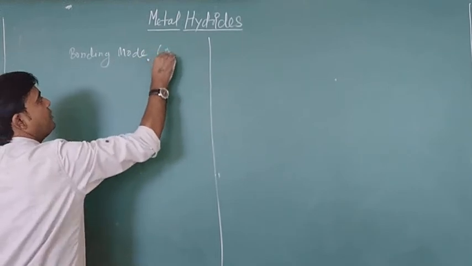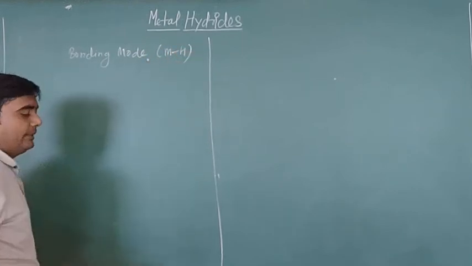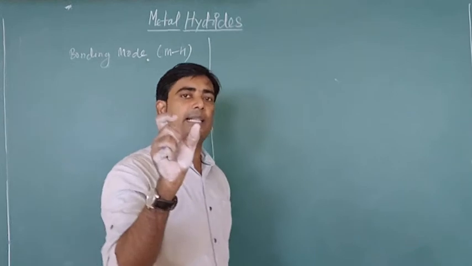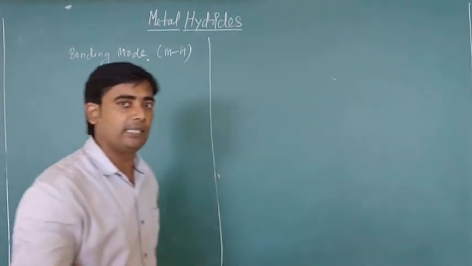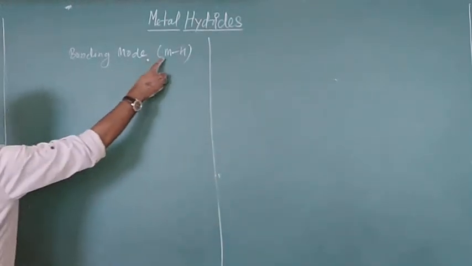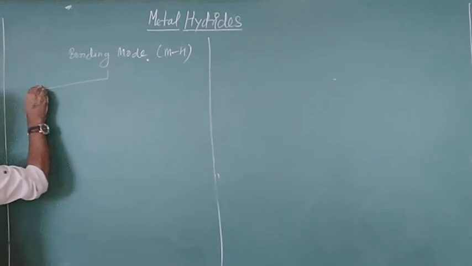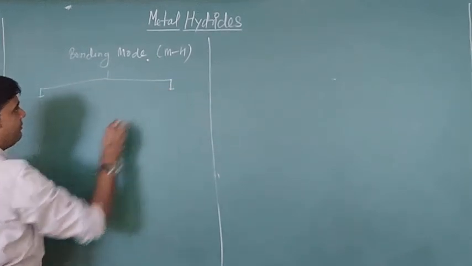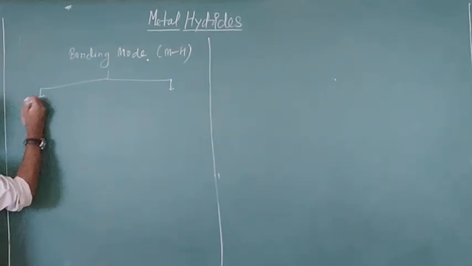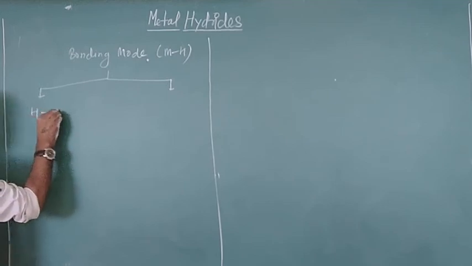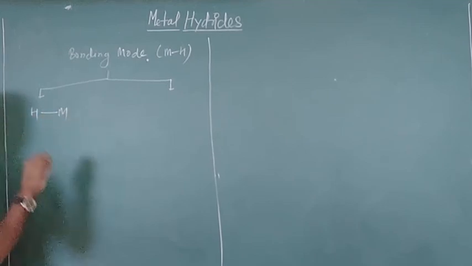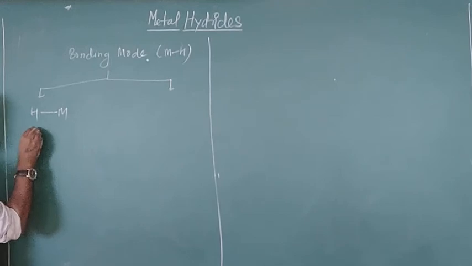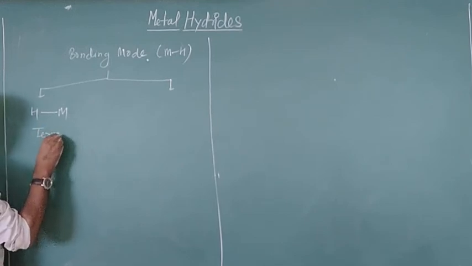of the M-H bond. That means in metal hydride complexes, hydride can be terminal or bridging. So this bond can be in two different fashions. One is when the hydride ligand attaches to only one metal, then this bonding is known as terminal bonding.